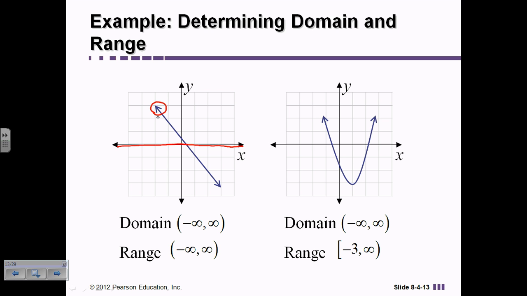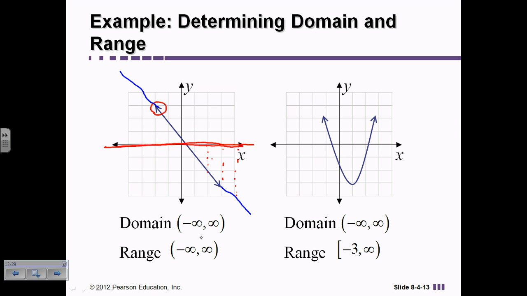So this blue line is going on and on in this direction forever, and in this direction forever. So when we look at our x values, we look at this x-axis again. Technically, any number on this x-axis would give me a value that touches the line. Again, I have to remember that it goes on forever.